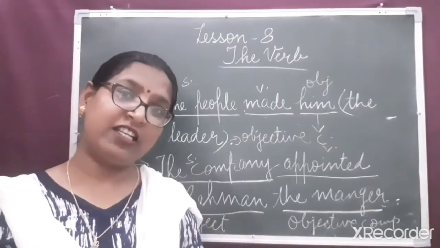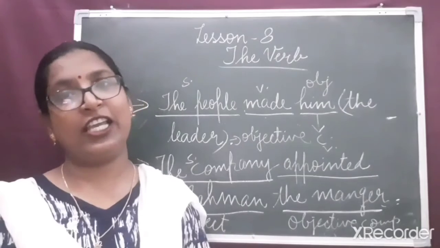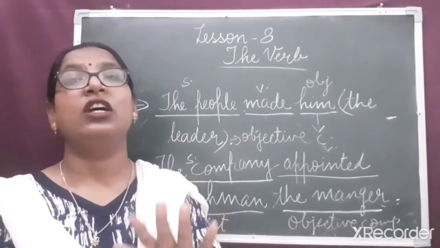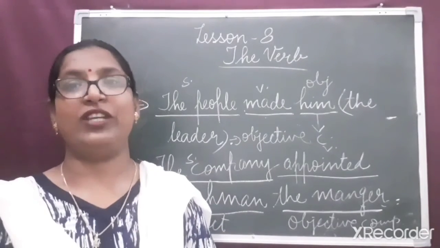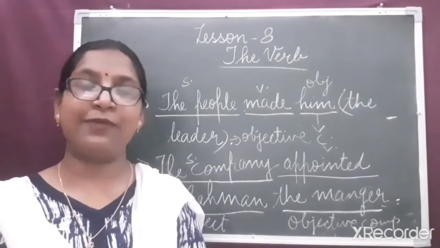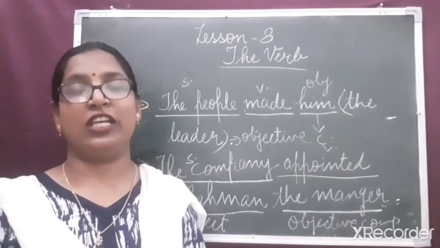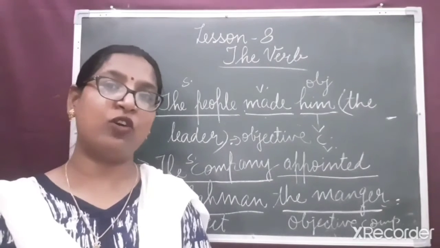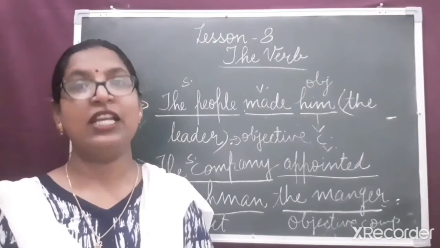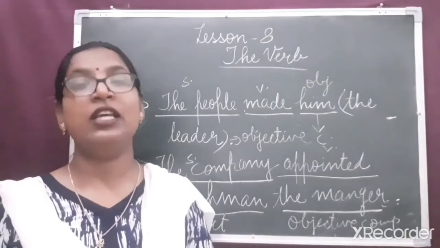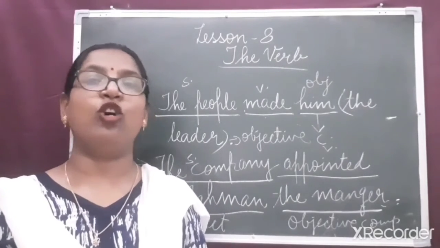If it is completely different from the subject, we say our answers are objects. Objects can be of two types: the direct object and the indirect object. Usually the answer to what is the direct object and the answer to whom is the indirect object.